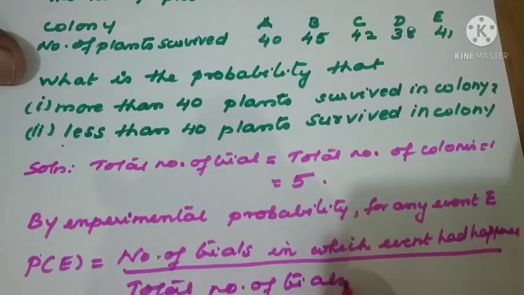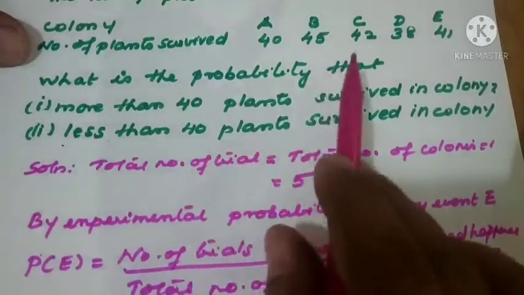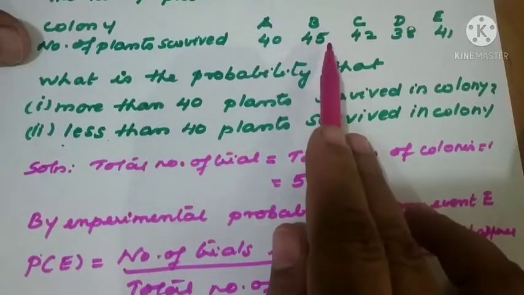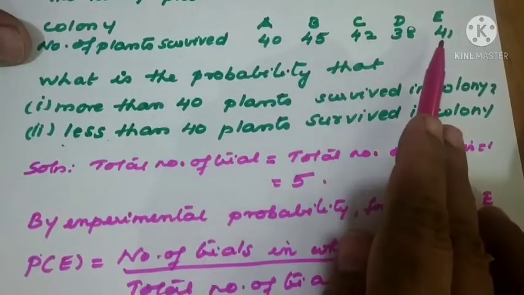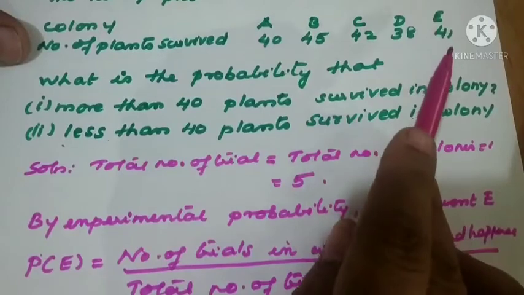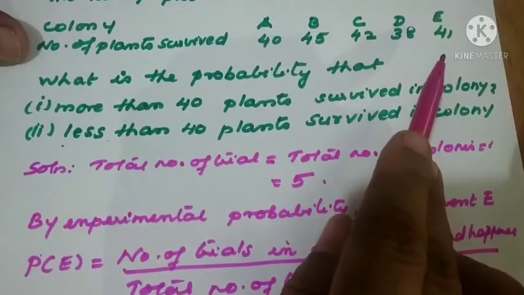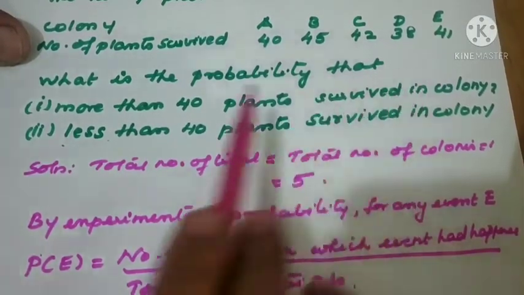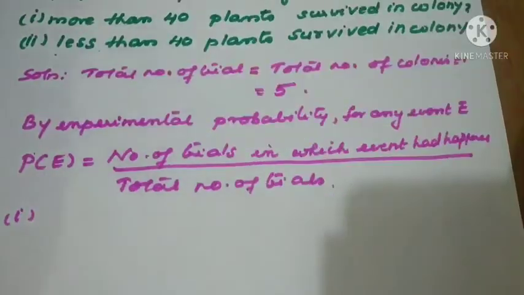Now let us see the first question. Probability of getting more than 40 plants. So more than 40 means 45 is favoring, 42 is favoring, 41 is favoring. That means 3 are favoring the question. So 3 by 5 only. Now let us write the solution.